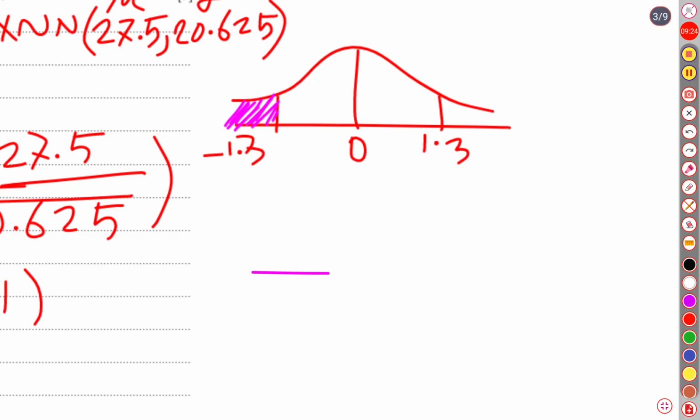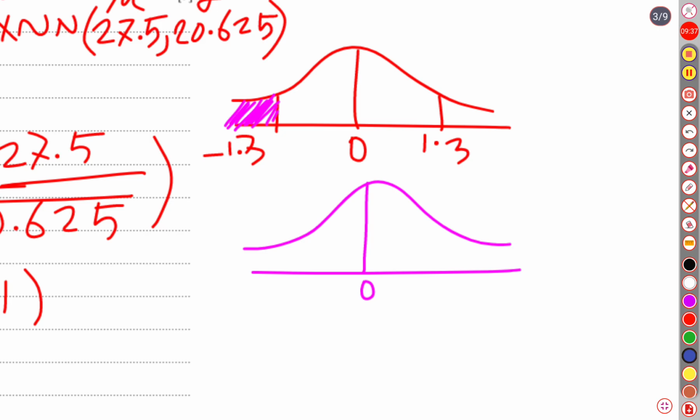Let me draw one more curve. This is 0. As we require this portion, this portion is definitely equal to this one, because the graph is symmetrical, isn't it?